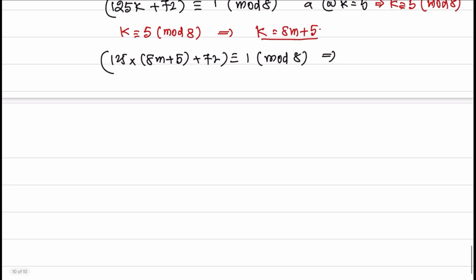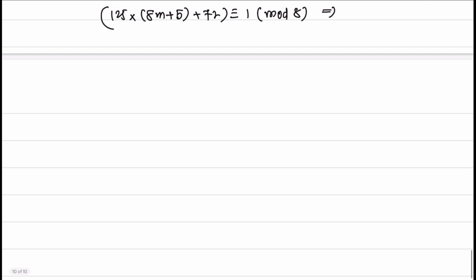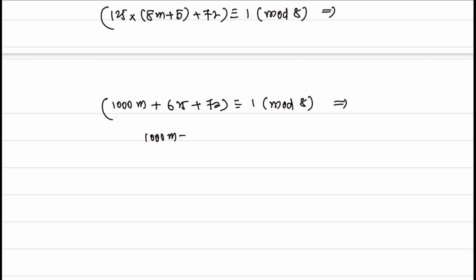That implies 125 times 8 is 1000m, plus 125 into 5 is 625, plus 72, equivalent to 1 mod 8. That implies 1000m plus 697 equivalent to 1 mod 8.